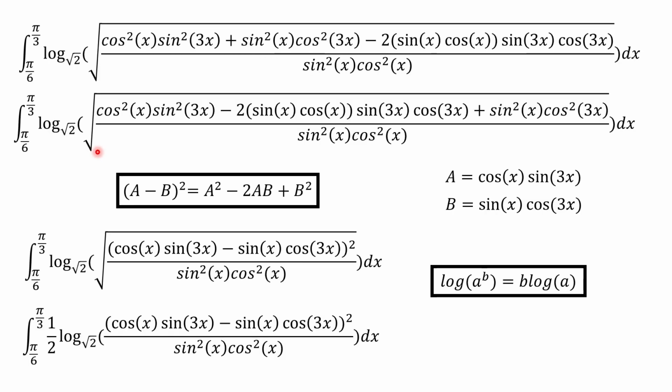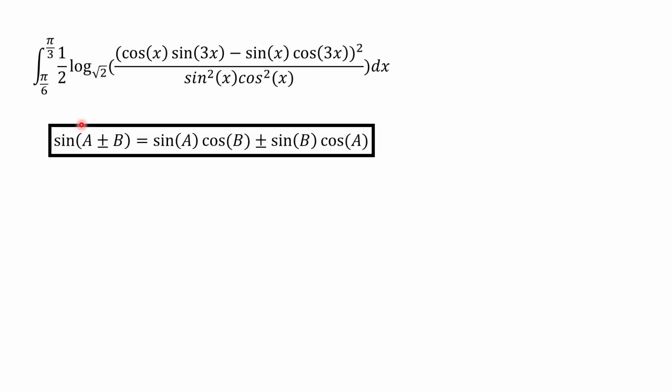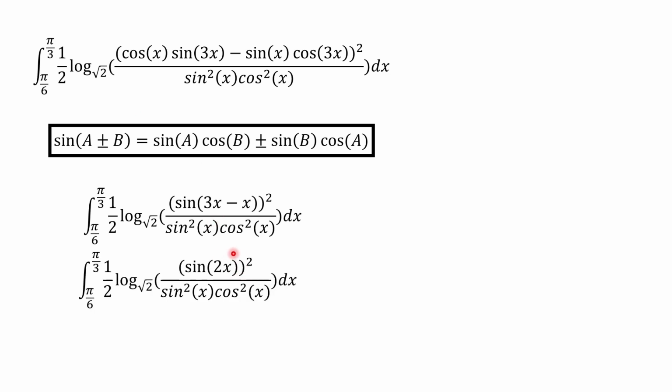The first one we used, all the way back, that's if we have the same thing, so this would be like x plus x, but if it's different, which is a and b, we can use this equation, and we can see straight away it applies because we have a sine a cos b minus a sine b cos a. So we can see that a is 3x and b is x. So just like so, we get this, and then 3x minus x is just 2x.